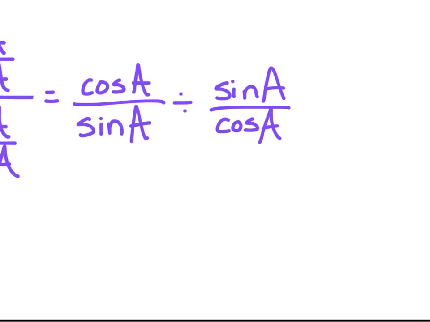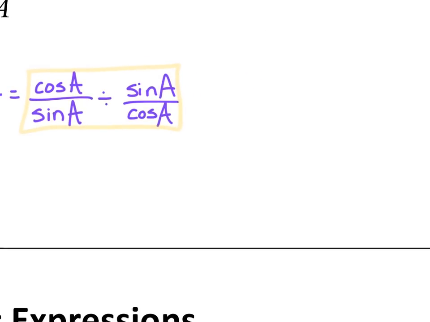And if you don't want to show that particular step because you see that that's going to just become a multiplication problem, you're welcome to go immediately to the multiplication problem where you flip the second fraction.